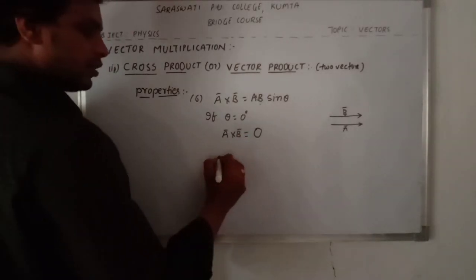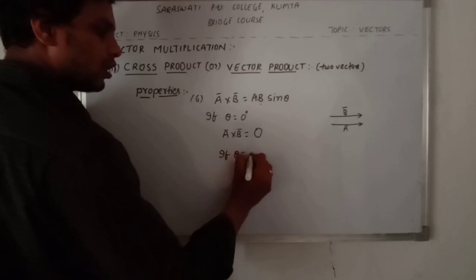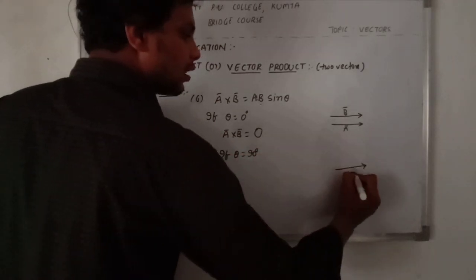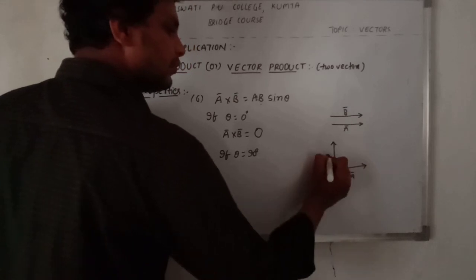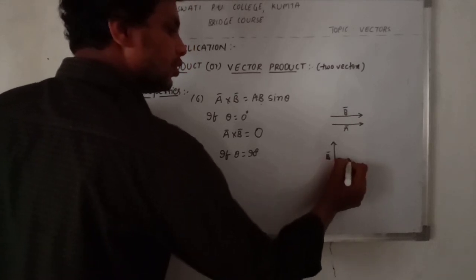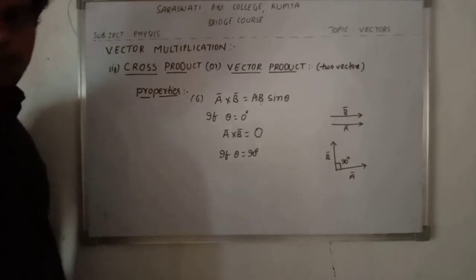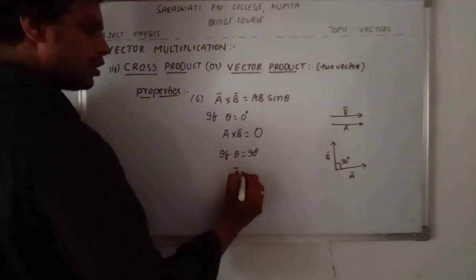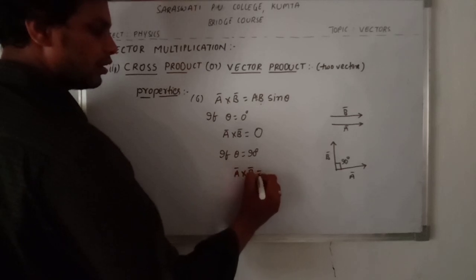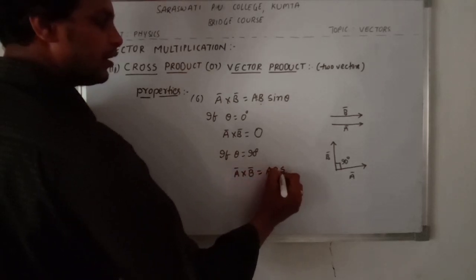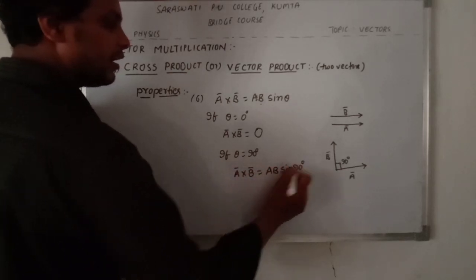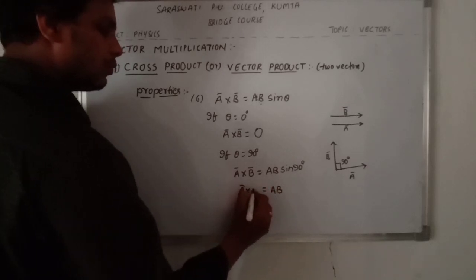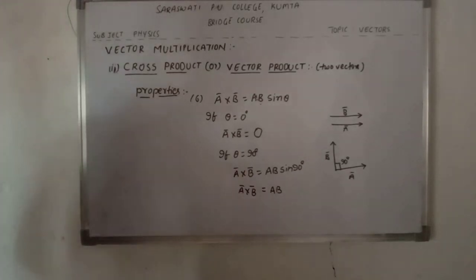If you take theta equal to 90, that is, the angle between a bar and b bar is 90 degrees, then a bar cross b bar is equal to ab sin 90. Sin 90 value is 1, so a bar cross b bar is equal to ab.